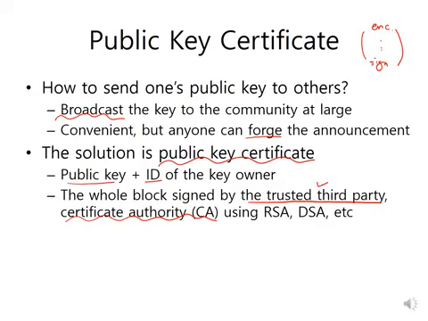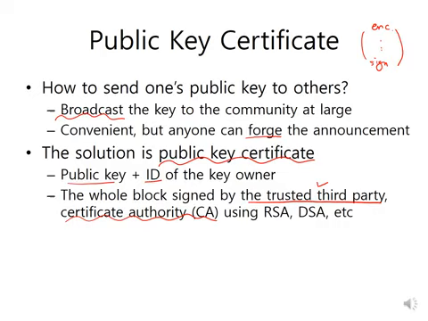As long as the third party is trusted by some specific user or any users in the system, we can guarantee the authenticity of the public key of some specific user.